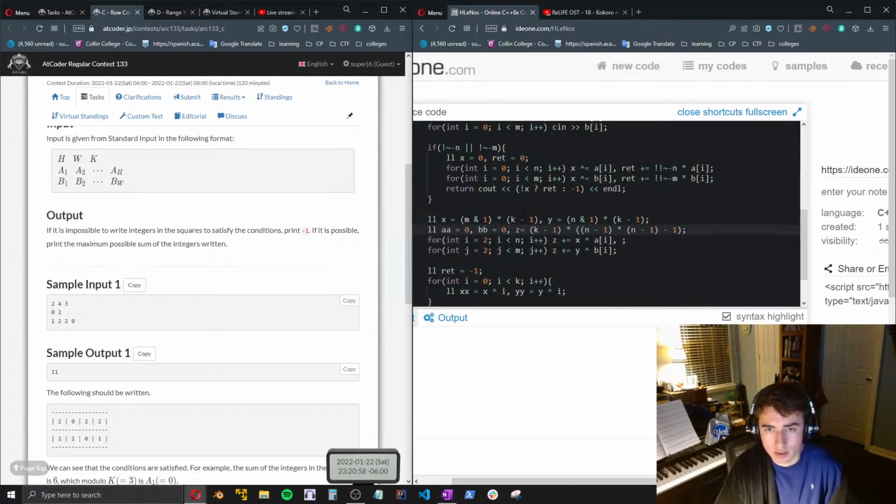Alright, let's see. Let's make sure we're doing this right. So we need to get this XOR equal to X XOR A of I, sigma what? BB XOR equals Y XOR.